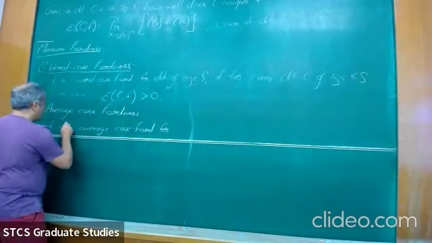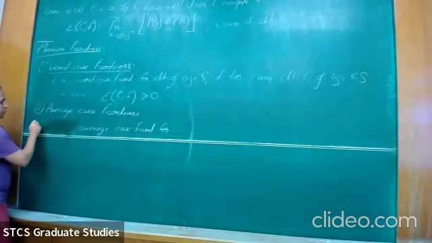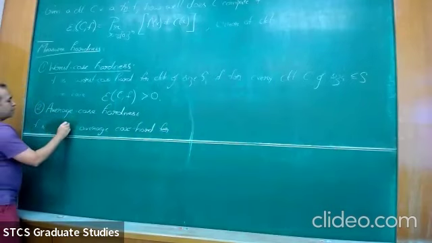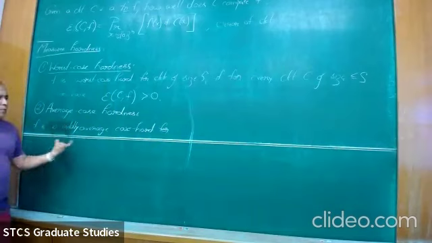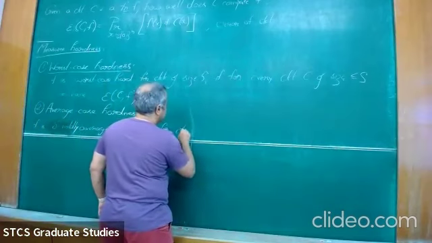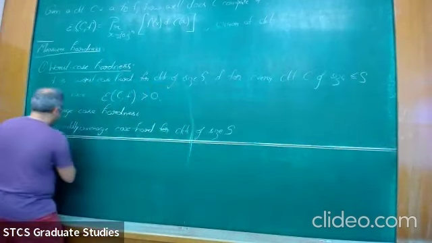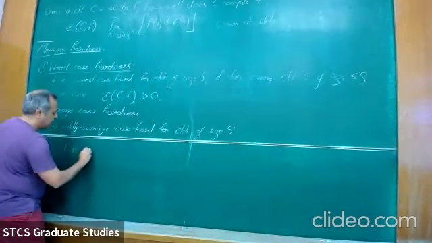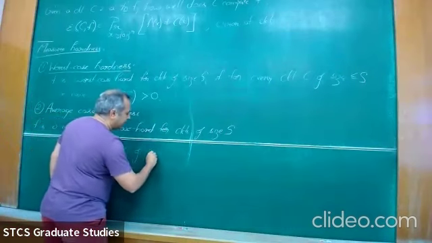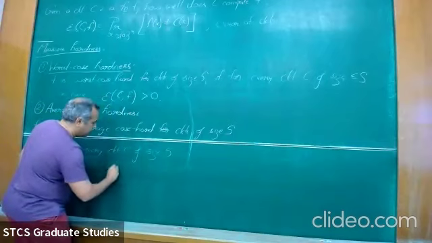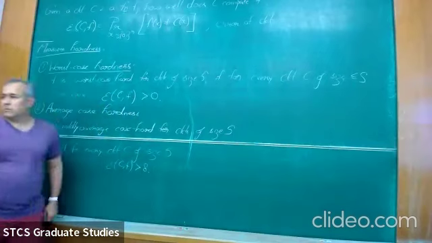Start off with one definition, then we move on. f is delta mildly average case hard for circuits of size S if for every circuit C of size S, epsilon C f is at least delta.